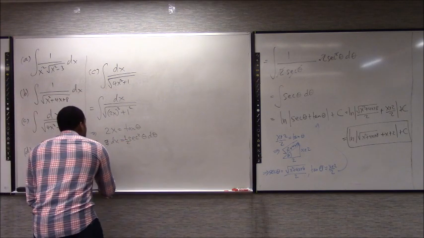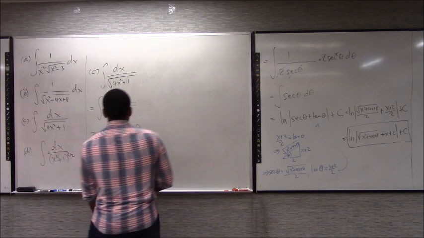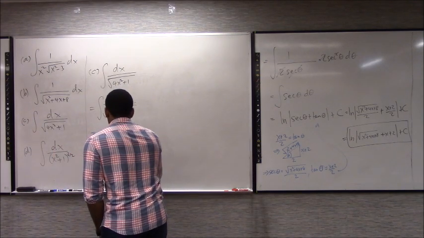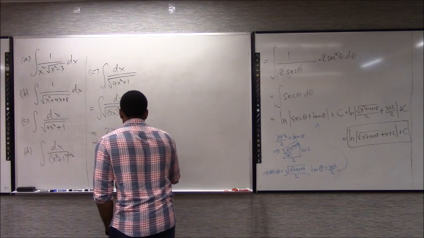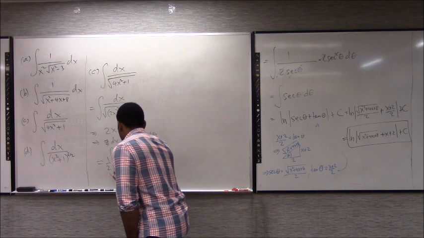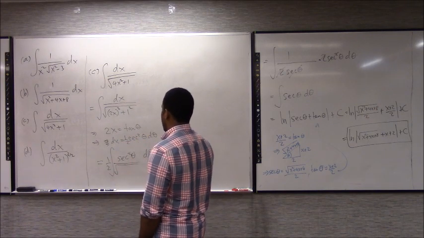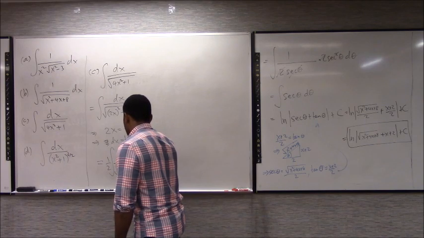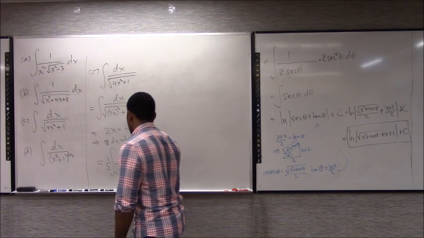And then I go and I start plugging these guys in. So 1/2 secant squared theta d theta replaces my dx, divided by the radical of the 2x, which is just tangent theta, so this is just tan squared theta plus 1.